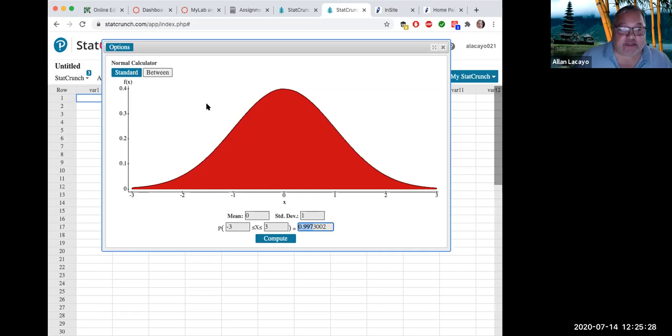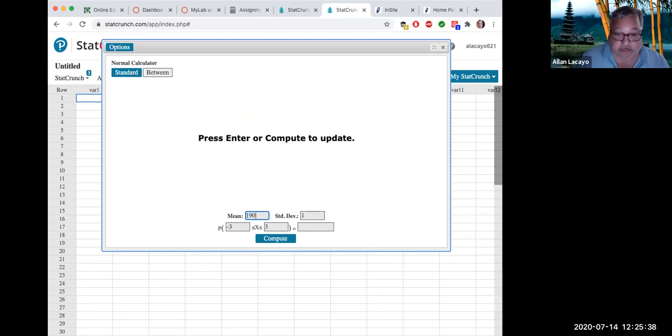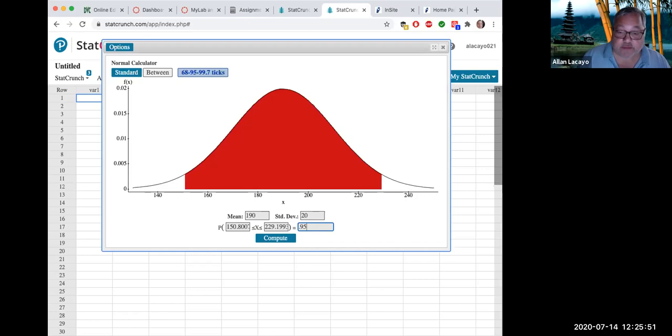Now, I really have access to an infinite number of these normal calculators, because once I adopt a mean of any value, like for example, I could have a 190 mean and a deviation of 20, like in my cholesterol problem, and say I'm interested in 95% of people, you'll see that this 95% in red represents 2 deviations from the mean.